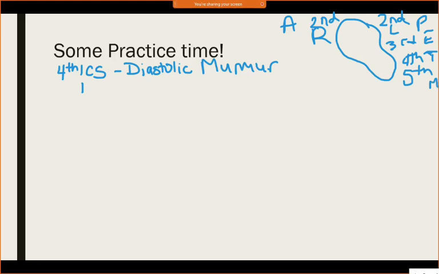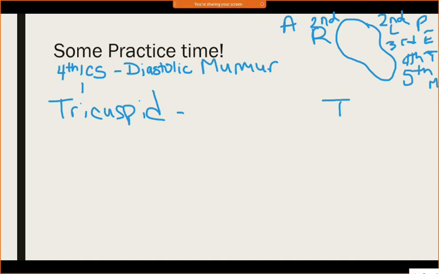So what are we looking at there? It's tricuspid, we know that much. If you are a thinker, you can either memorize your list and remember what's on the diastolic side, or you can think to yourself, what is the tricuspid valve supposed to be doing during diastole?